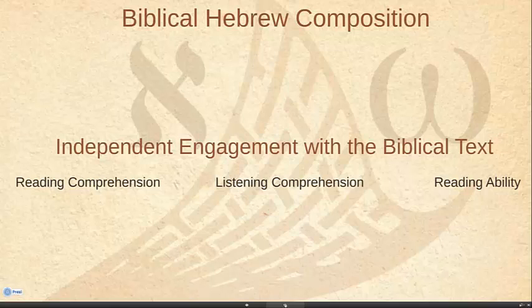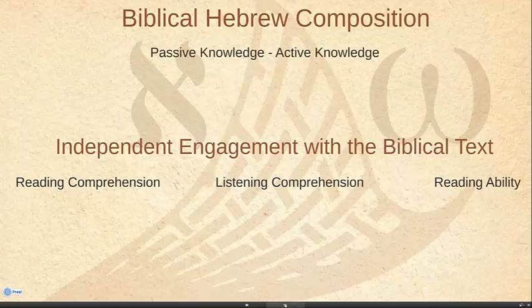And composition in a second language, and the more composition you have in that second language, moves your reading strategies and your reading ability closer to that which you have in your mother tongue. And composition is key in that. And so those are the reasons why we include composition in the BibleMesh Biblical Hebrew program.